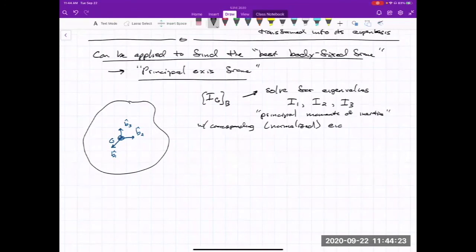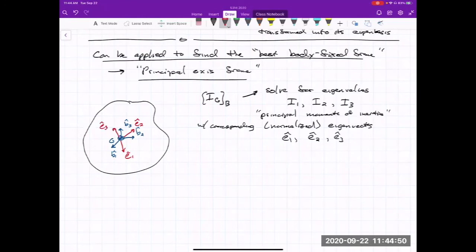I'll use the same notation I wrote up above: E1 hat, E2 hat, E3 hat. These actually correspond to directions, so I'll write them in here. This would be E1, this is E2, and E3.